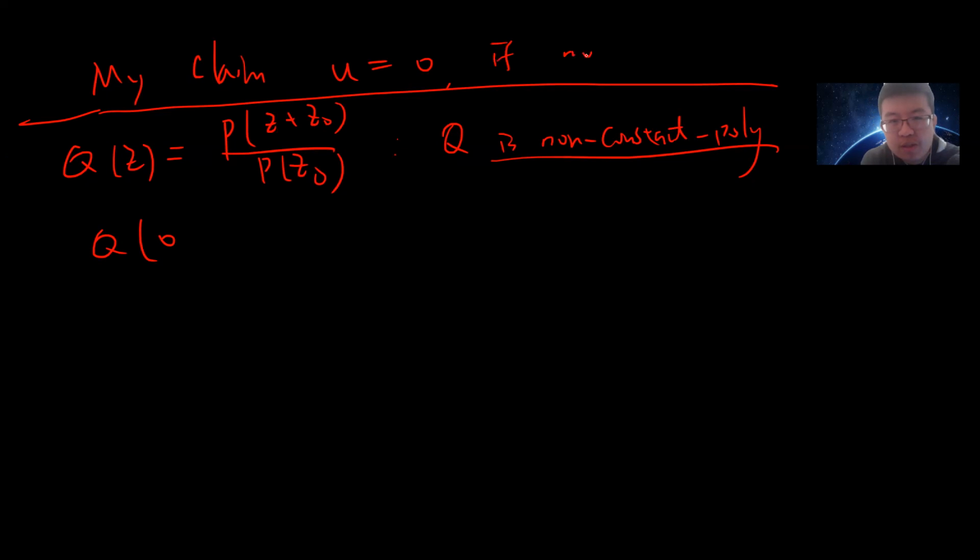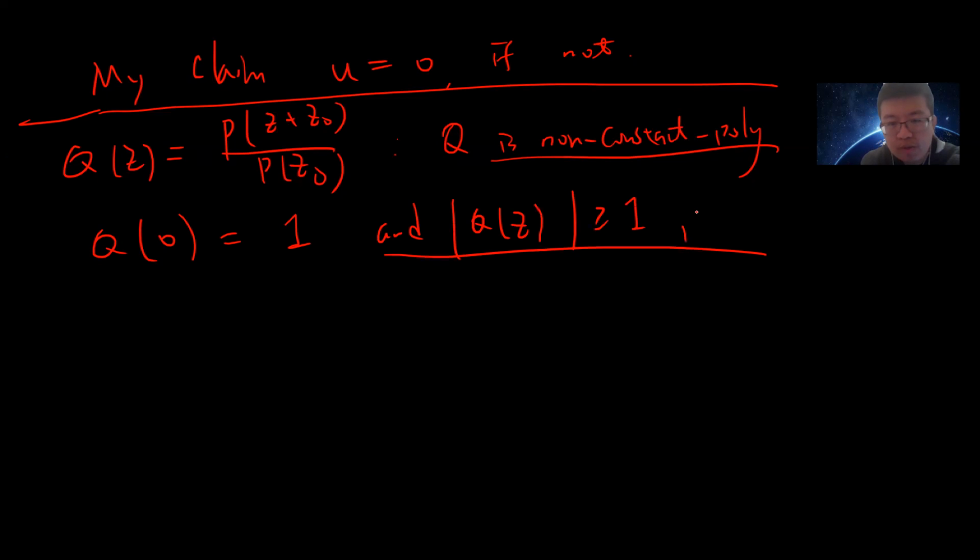If not, let's consider this Q of Z. Because P of Z0 is non-zero, I can do the division, and I know that Q of 0 is just 1. And the absolute value of Q of Z is greater or equal to 1 for all Z, because P of Z0 is by definition the infimum. So if you take absolute value, this Q of Z must be greater or equal to 1.